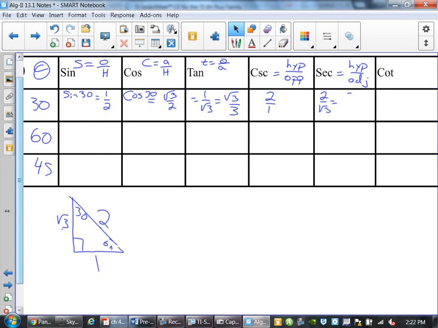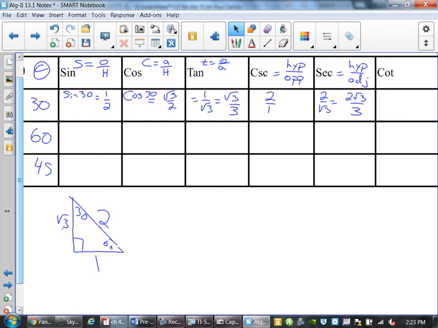And then last but not least, cotangent. What do you think cotangent is going to be the inverse of? Tangent. And then cotangent is the inverse of tangent, and tangent is the inverse of cotangent.